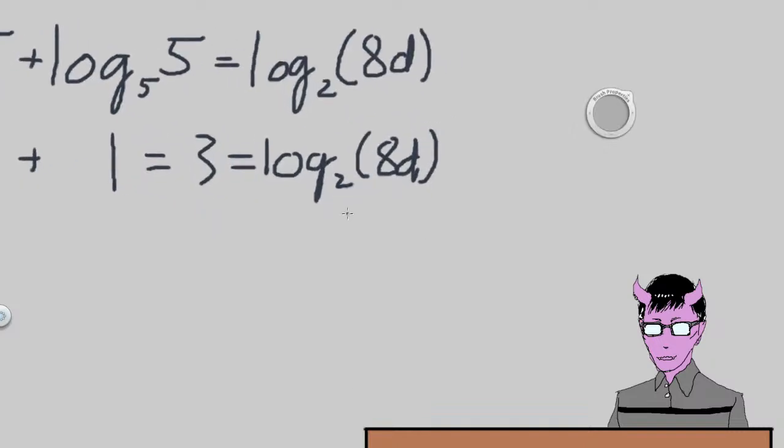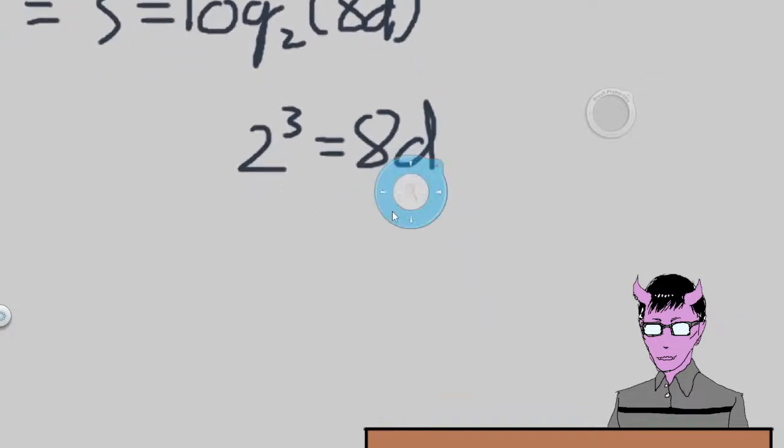Alright, so same strat as before. We have a log on one side and we have terms on the other side. So 2 to the power of 3 must be equal to 8d. So again, 2 to the power of 3 gives us what? The argument. That's very nice.